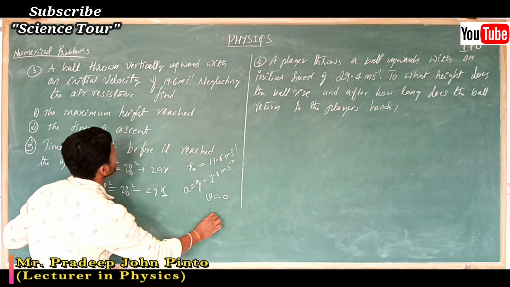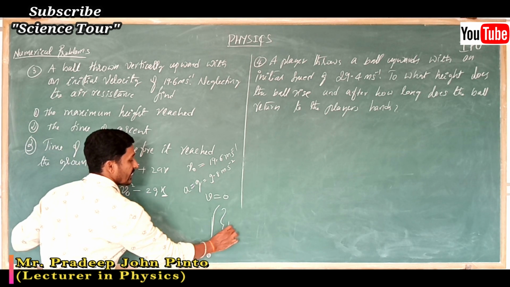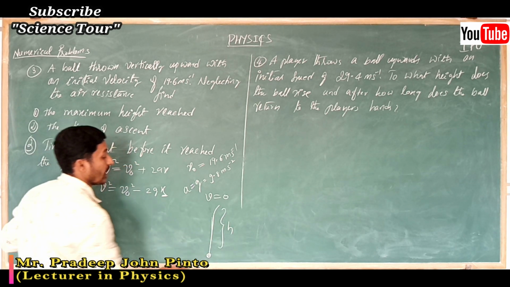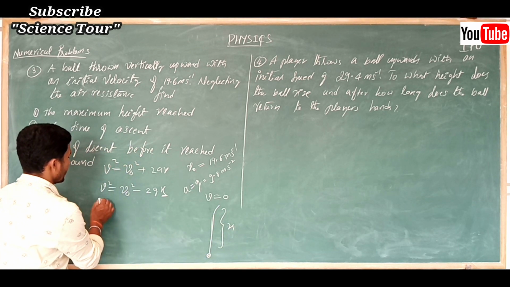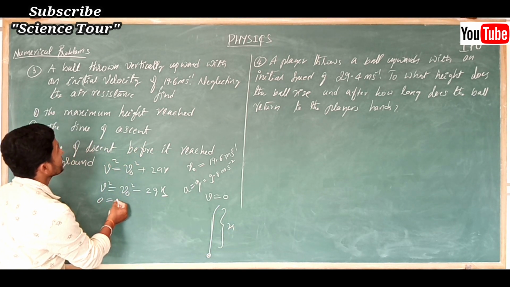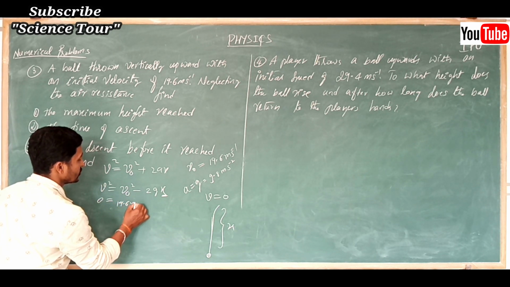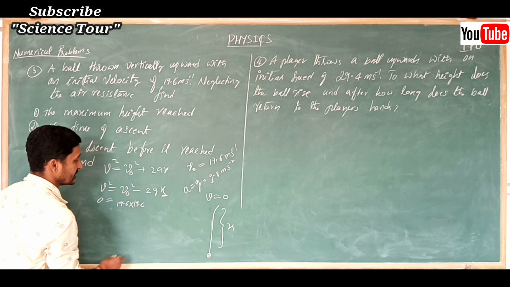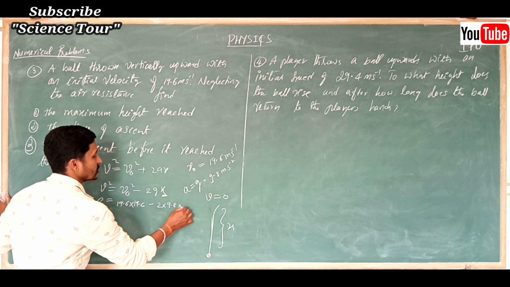A ball is thrown vertically upward. What is the height it has travelled, that you have to find out. I will write that as h, or x. So final velocity is 0, initial velocity is how much? 19.6 into 19.6, minus 2 into 9.8 into x.